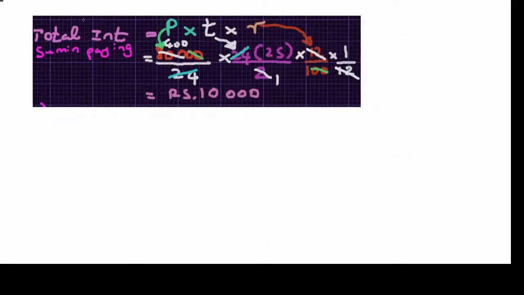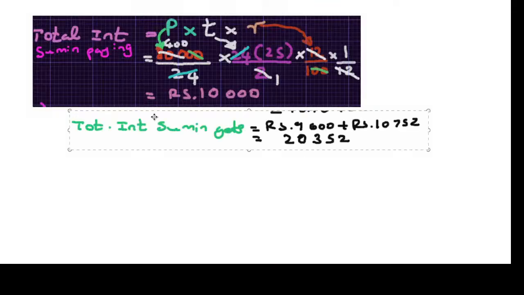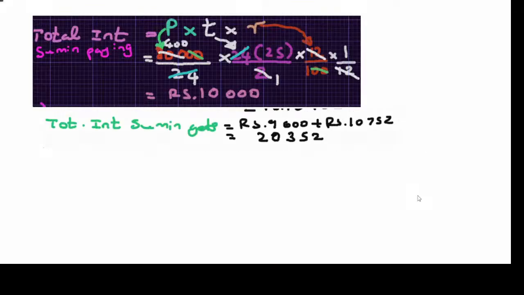We already calculated that in the second step. That is 20,352. What's his gain? What's the advantage? How much has he earned? What is the extra amount he is earning by using that 80,000? What's Sumin's gain?